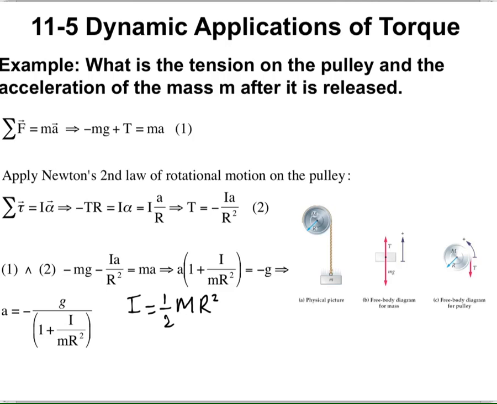So if A is minus, then that means the object is going down. Yes. If you want to find the acceleration of the pulley, we divide the acceleration over R. If you want to find alpha, what you do is just divide this A by R. That's it.